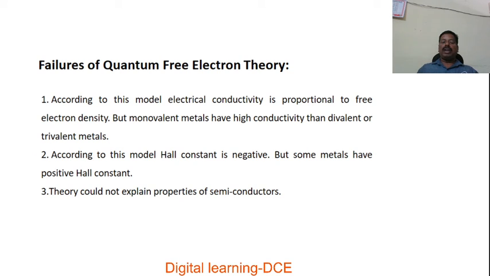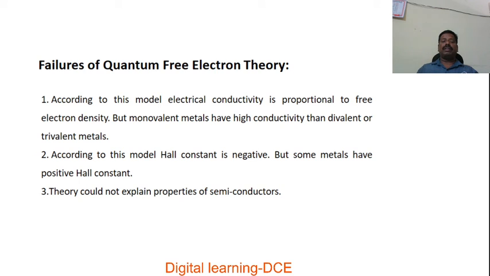But monovalent metals have higher conductivity than divalent or trivalent metals. This concept is not explained by the quantum theory of free electrons. Hence, it fails to explain the high conductivity of monovalent metals compared to divalent or trivalent metals.